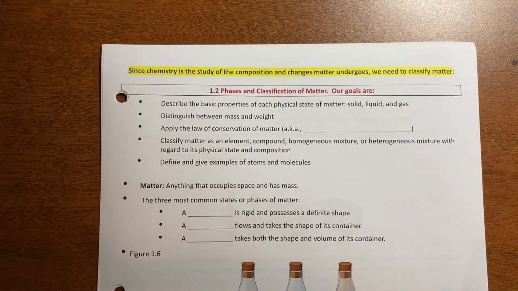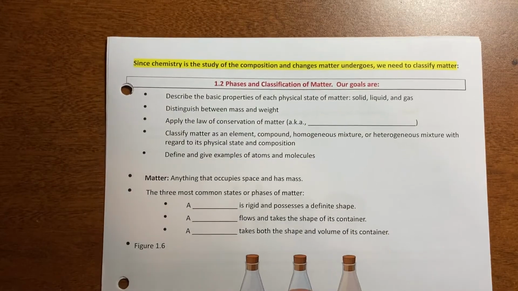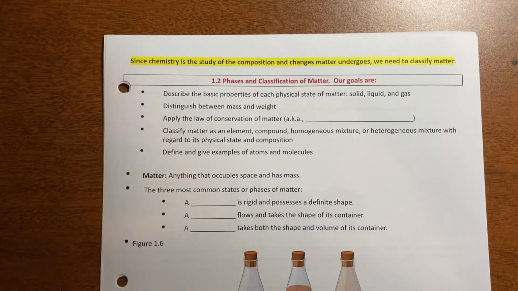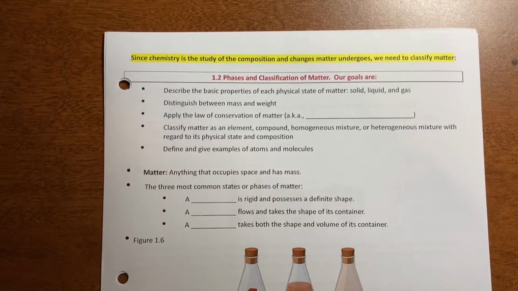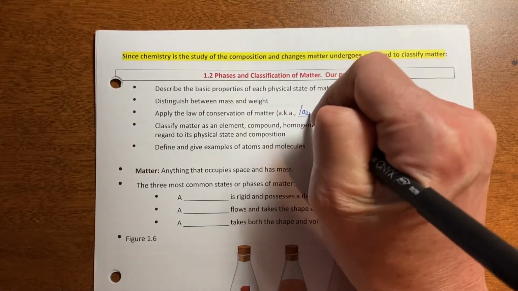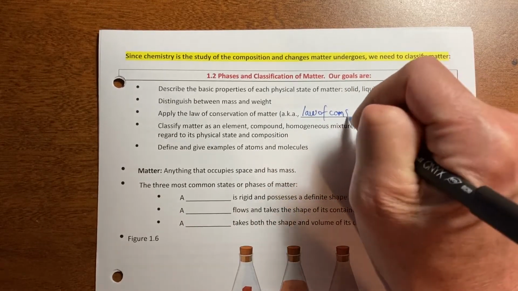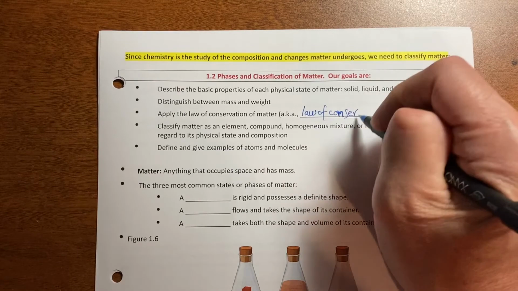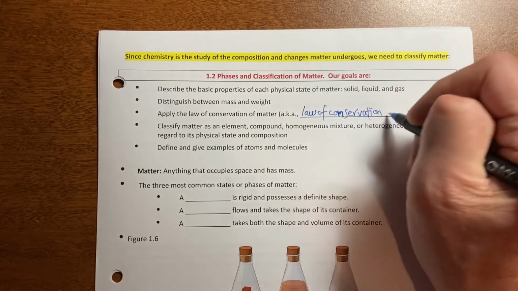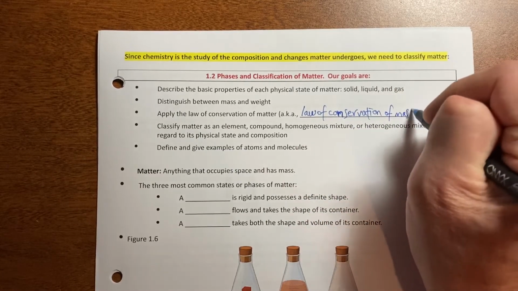So since chemistry is the study of composition and changes that matter undergoes, let's talk a little bit about matter. And that's just a generic term. So our goals are to describe the basic properties of each physical state, solid, liquid, and gas, distinguish between mass and weight, and apply the law of conservation of matter, which is also called the law of conservation of mass.